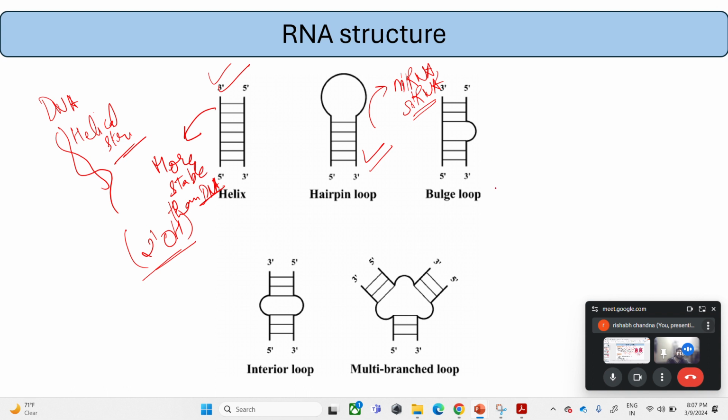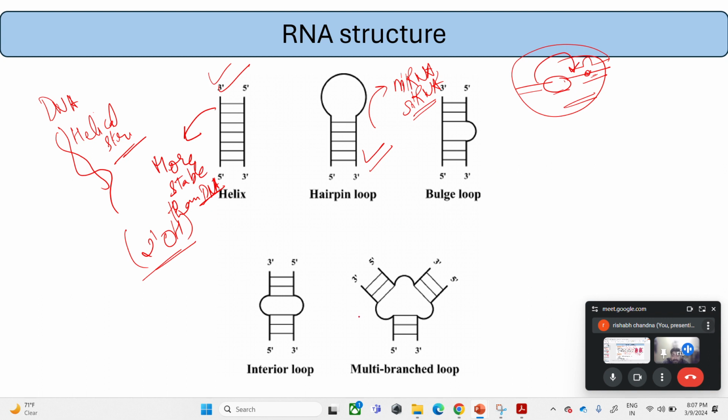Then there is a bulge loop. What happens during this is when the particular RNA has a similar sequence or a palindromic sequence in a short span after that, it basically forms a secondary structure and folds upon itself. And where there is a non-base pairing region, it folds upon itself and forms a bulge there. So this is how the bulge loop is formed.